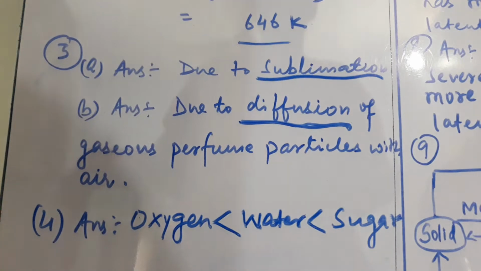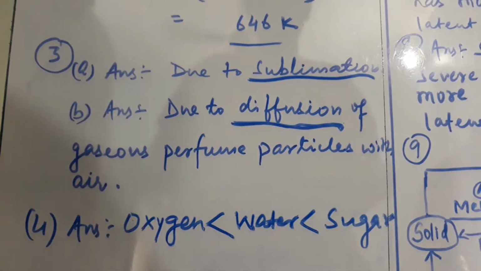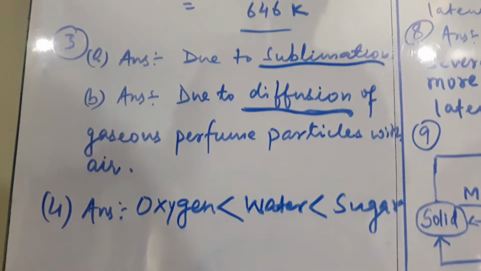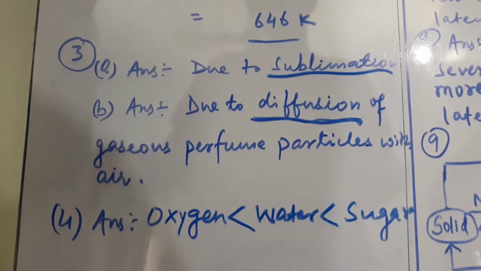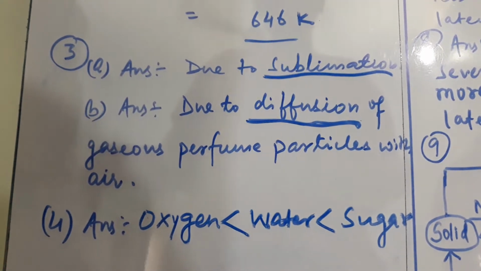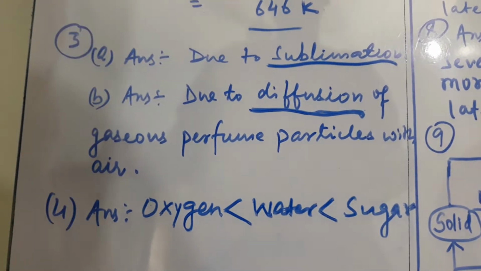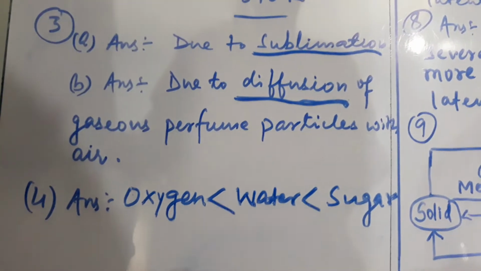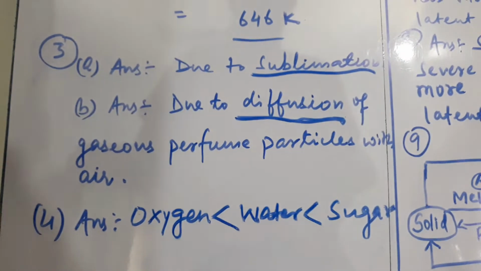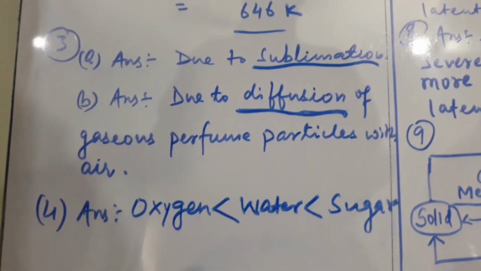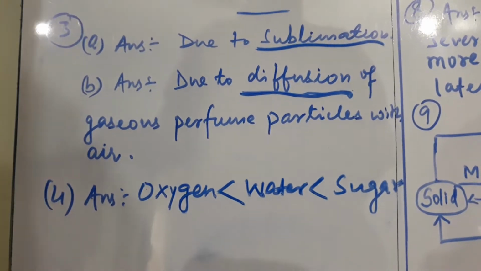Arrange the following substances in increasing order of forces of attraction between the particles: water, sugar and oxygen. Three types of substances are given here: oxygen, water and sugar, and we have to arrange them in increasing order of the attraction among their particles.